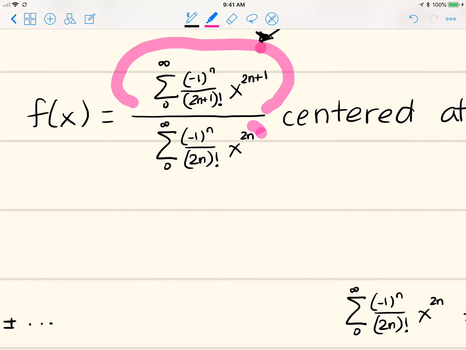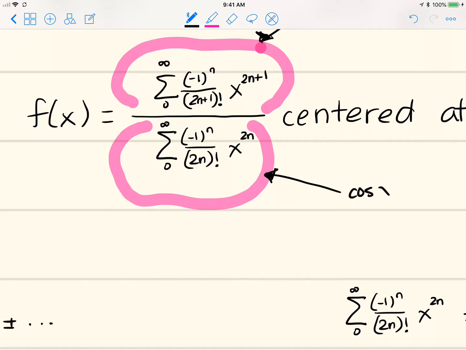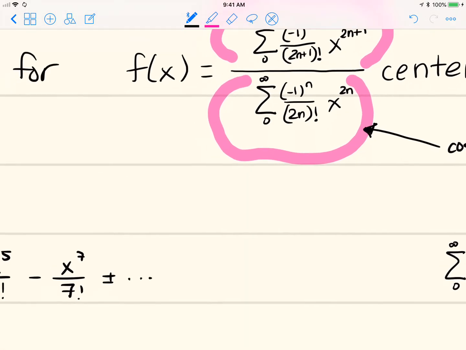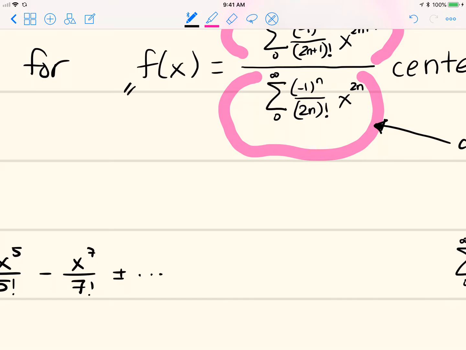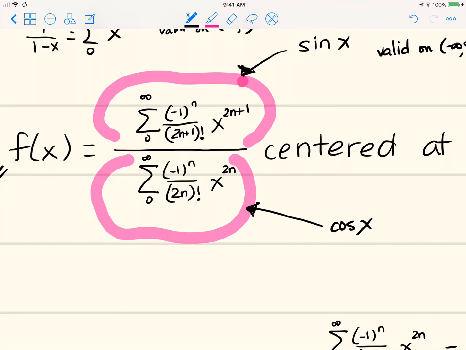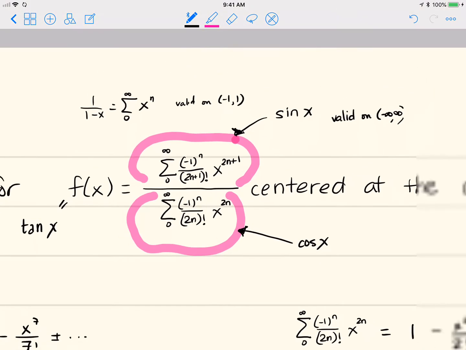And then the series on the bottom is actually cosine of x. So the f of x that we're working with is actually tangent of x, because it is sine of x over cosine of x. So here's the idea.